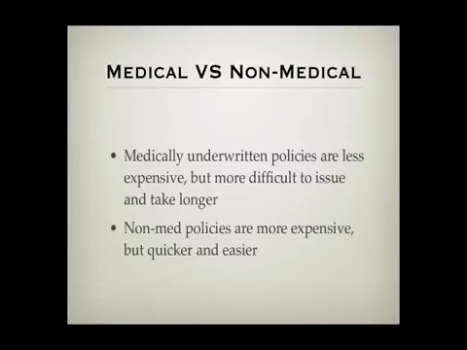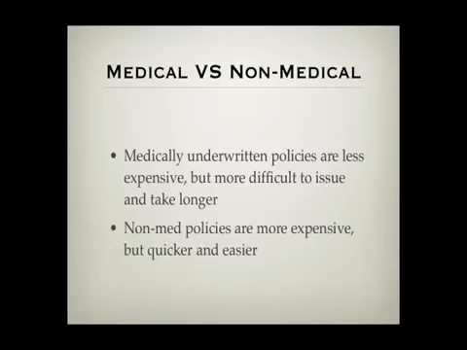A paramedical exam is where an examiner will come out to your client's house or place of work, or the client can go to them if they like, and they'll perform a really basic physical. Generally, they're going to draw blood, measure height and weight, take a urine sample, and check the blood pressure. Sometimes, depending on how much insurance you're getting, there may be a little more or a little bit less. Medically underwritten policies take longer to issue because of all this stuff.